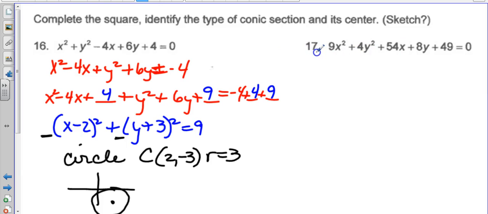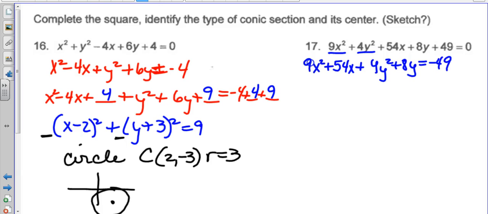All right. On ones that have coefficients other than 1, you have to factor that out. I'm going to first move the x's all together and the y's all together, and the constant to the other side. Now, out of these x's, I need to take what?